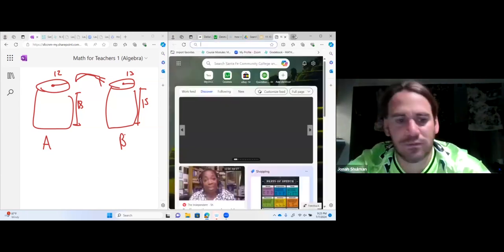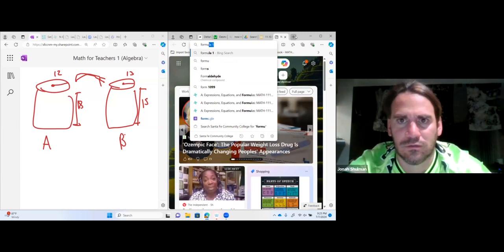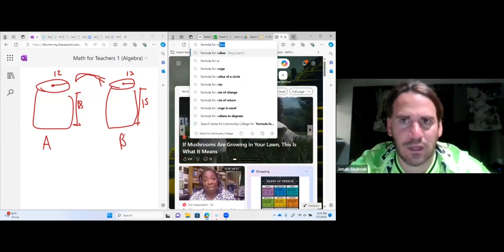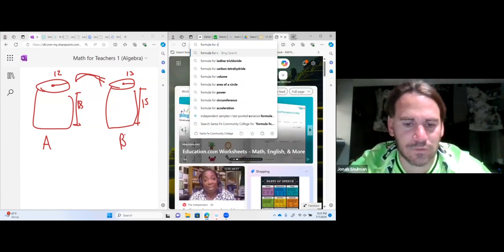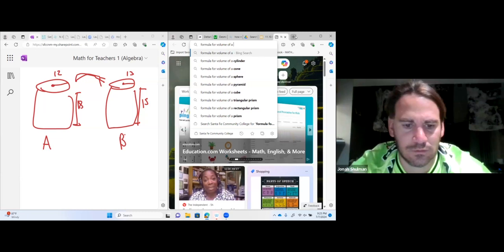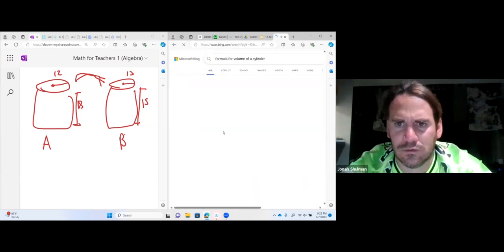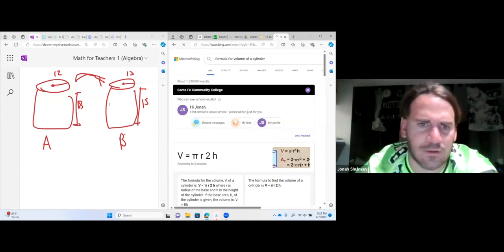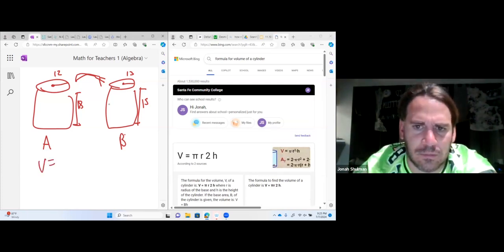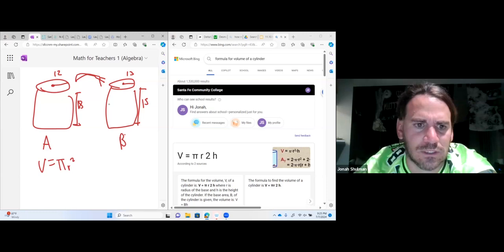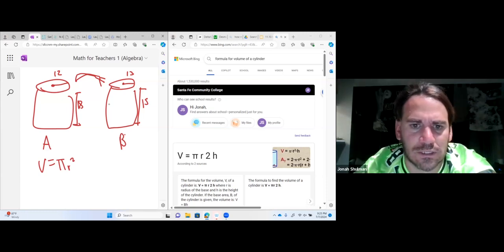So if you don't know it, the formula for volume of a cylinder is pi r squared times height, and this one is v equals pi r squared times height.